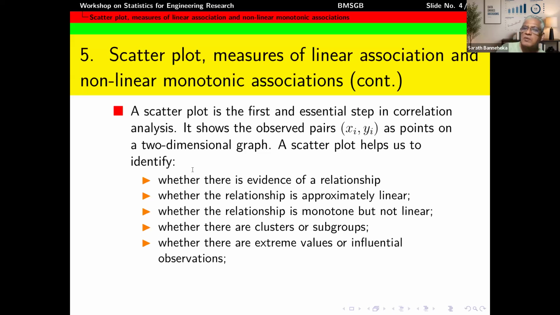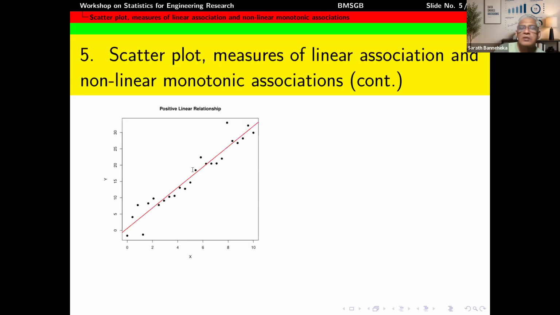So let us look at some examples of scatter plots. Here, if you plot your pairs of observations, X and Y, you might see this kind of relationship. You may see that you can consider these data points as scattered around some straight line.